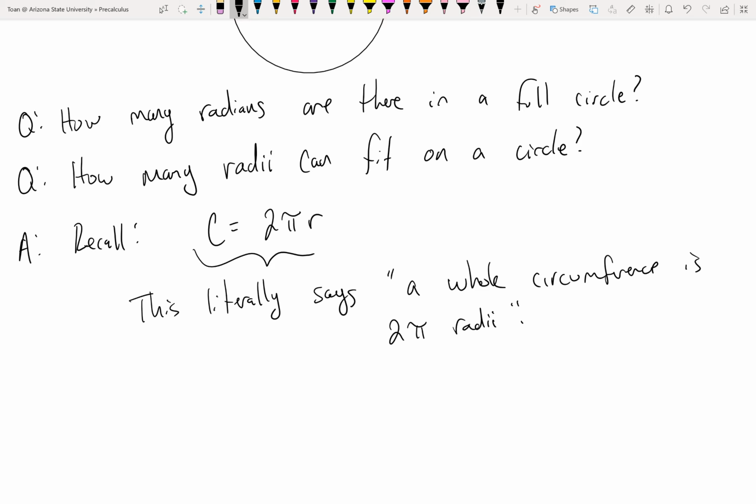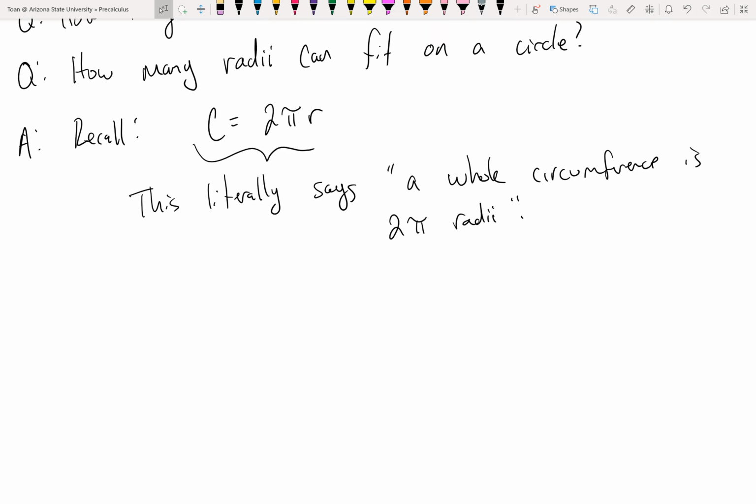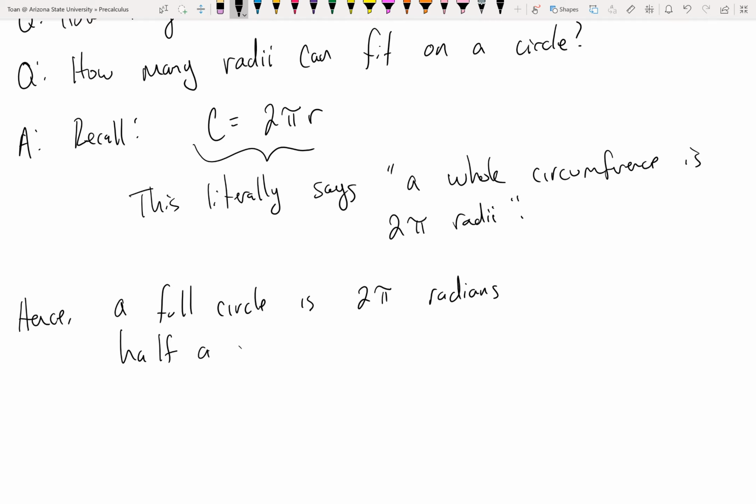You can fit 2 pi radii, or plural for radius, along the circumference. Therefore, a full circle is 2 pi radians. Hence, a full circle is 2 pi radians, and then you can do your proportions there. Half a circle is pi radians.